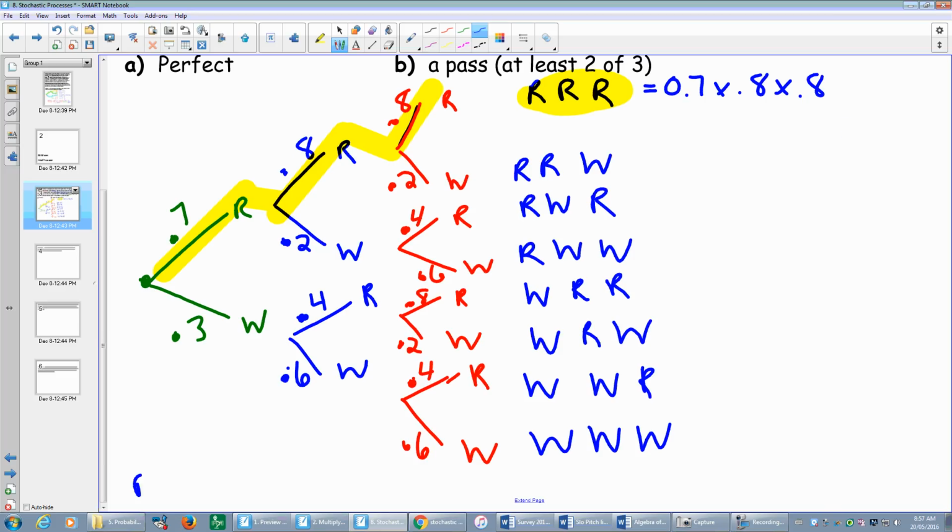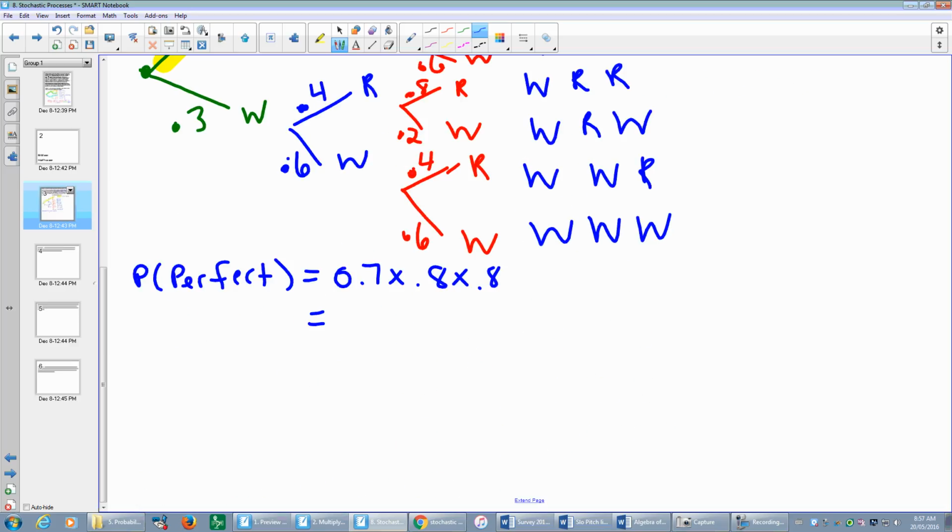So I'm going to write here the probability that they get perfect is 0.7 times 0.8 times 0.8, which gives me a probability of what, Noah? Okay, hit equals again. Does it give it to you as a decimal?